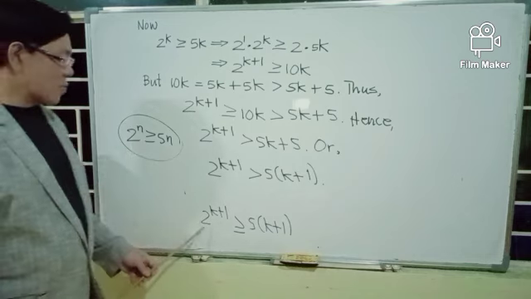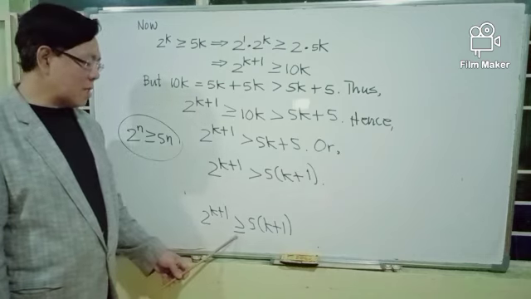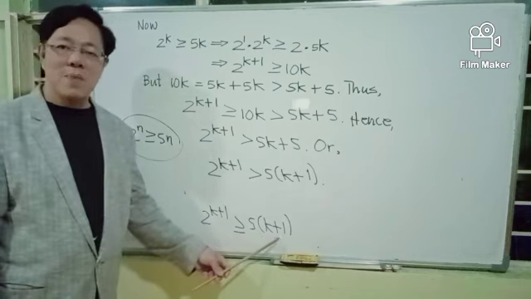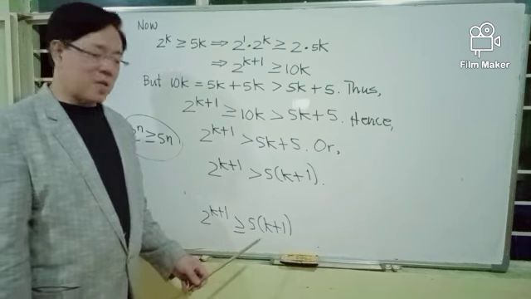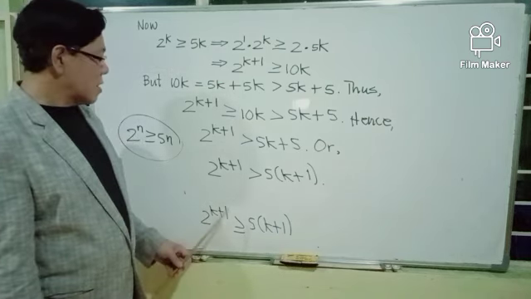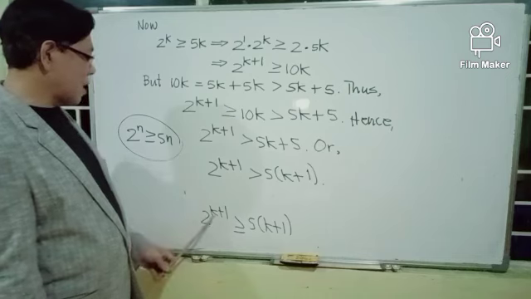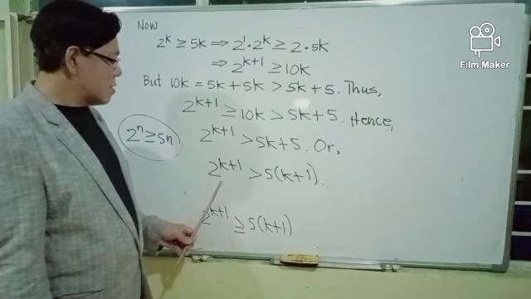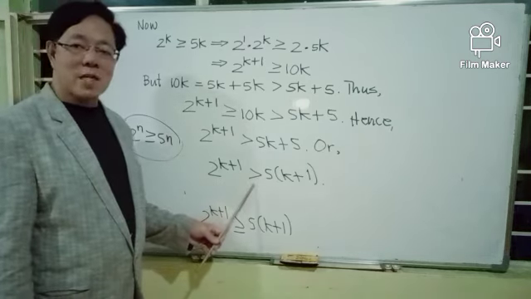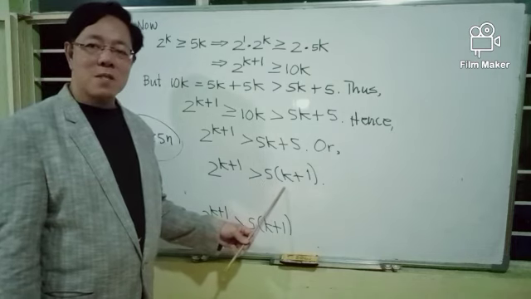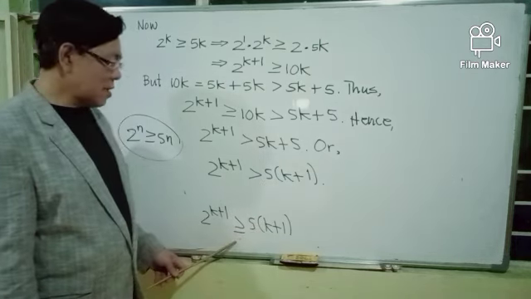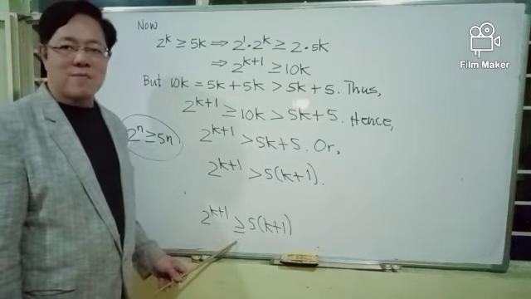If n is k plus 1, we have 2 to the k plus 1 greater than or equal to 5 times k plus 1. More specifically, we have shown that if n equals k plus 1, 2 to the k plus 1 is strictly greater than 5 times k plus 1. Still, this inequality is satisfied.